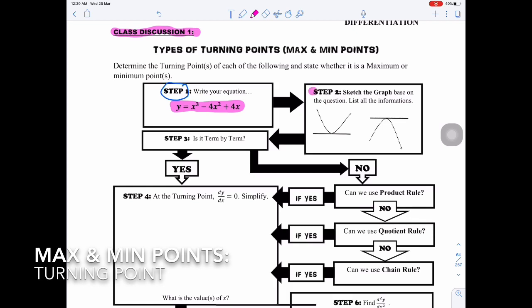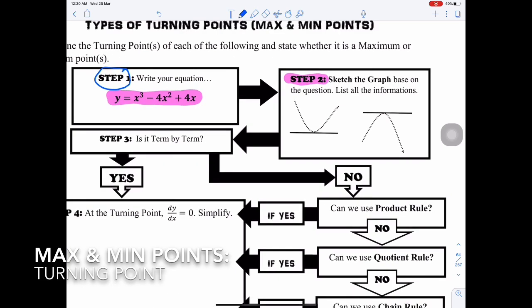But before that, for step 2, sketch the graph based on the question and list all the information. From here we know this is the situation of maximum and minimum points. The curve, for example, this is an example but not the real situation.